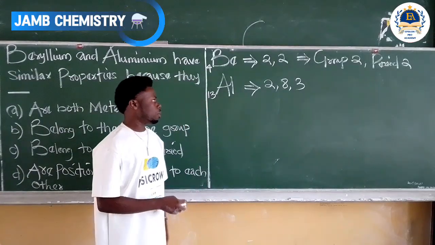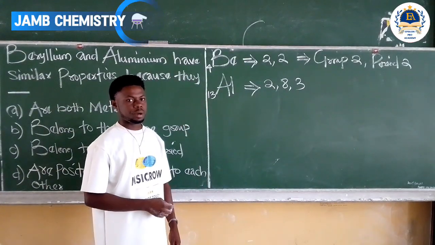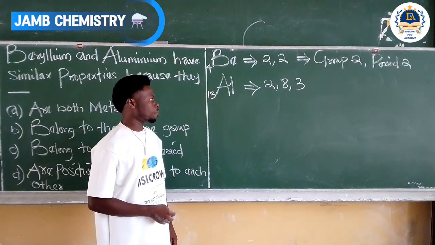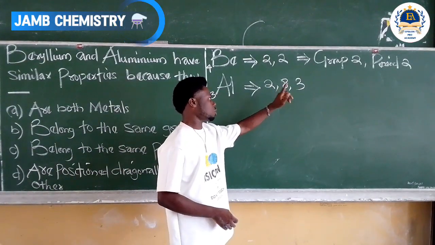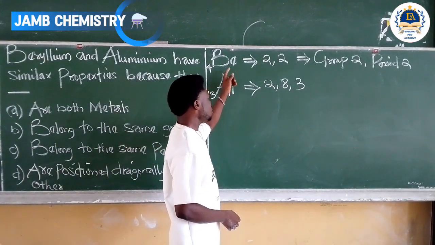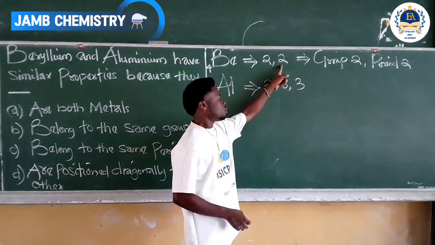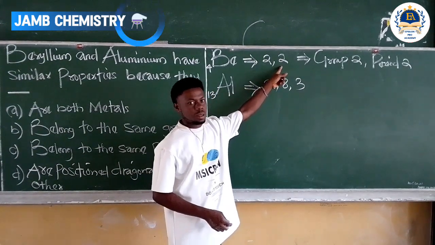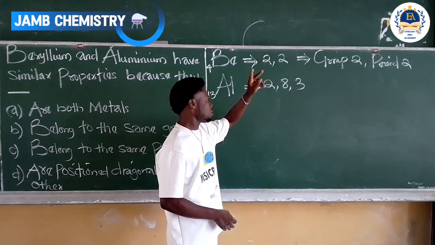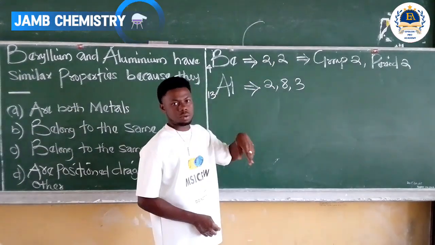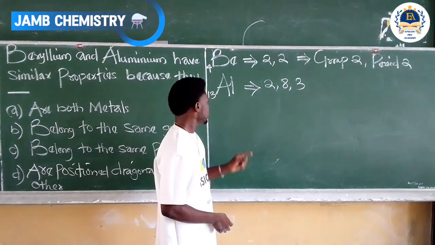So aluminium belongs to group 3, period 3. Beryllium belongs to group 2 because the number of valence electrons is 2, which states the group, and the period is 2, the number of shells.